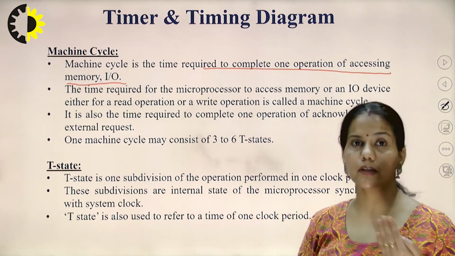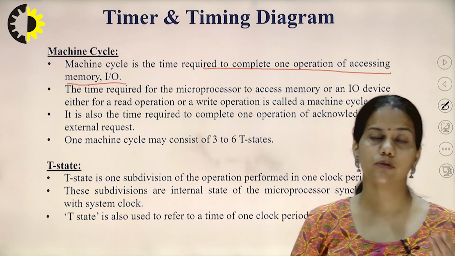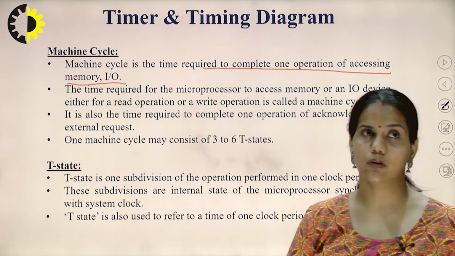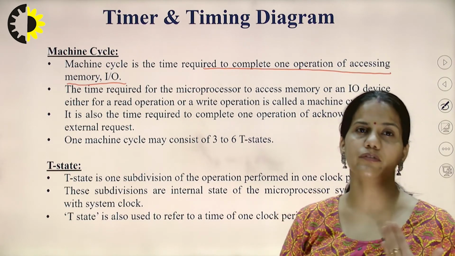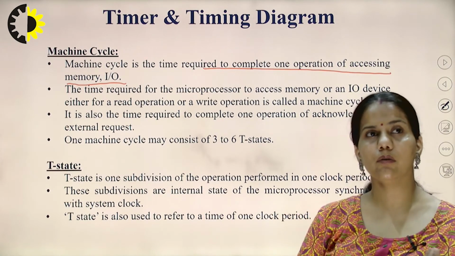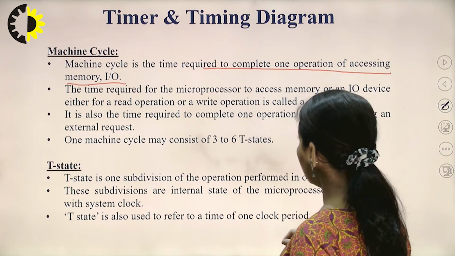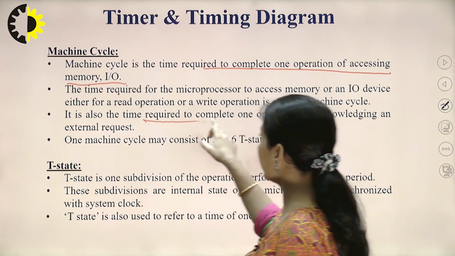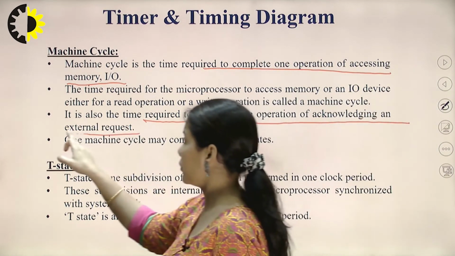And obviously the time taken is in terms of T states. So the number of T states to complete one particular operation of accessing the memory, or an input output port, or the opcode fetch cycle, these are all machine cycles. It's also the time required to complete one operation of acknowledging an external request, as I already told.